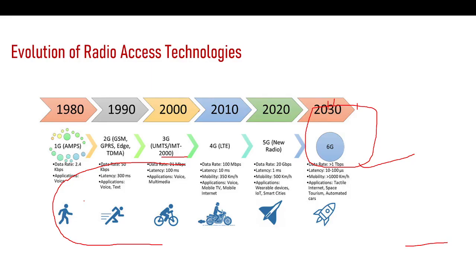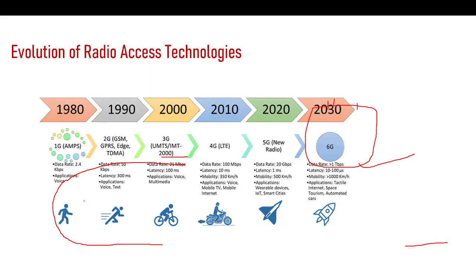But when you move from 1G to 2G to 3G to 4G to 5G and now to 6G, you can see that the requirements are increasing. Now we need to look at the capacity. Are we able to provide 20 gigabits per second for the customer? Are we able to provide a latency of 1 millisecond? For 6G, coming in the next few years, we are talking of 1 terabit per second and 10 microseconds of latency.